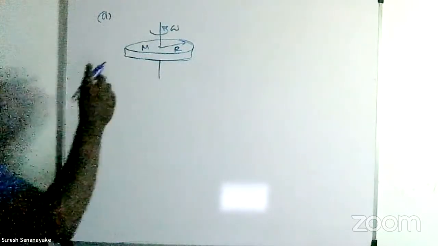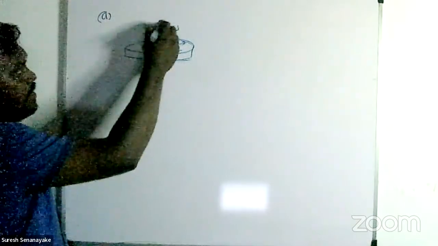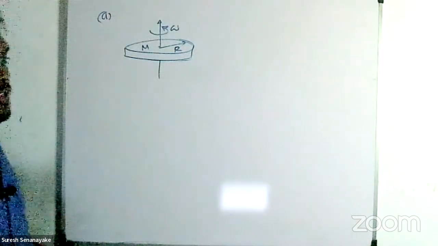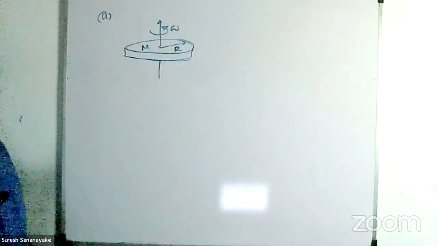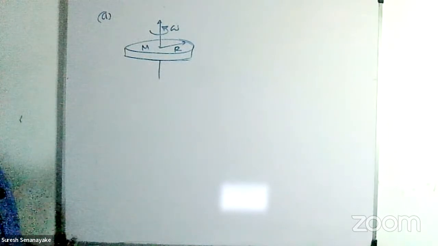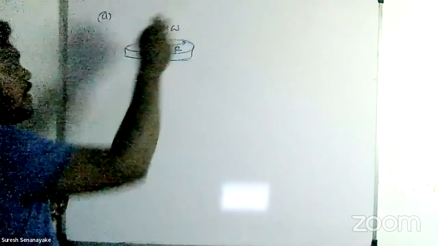You find the angular momentum for this first. The direction of the angular momentum you can take using the right-hand corkscrew rule. You already know how to get the direction of omega.